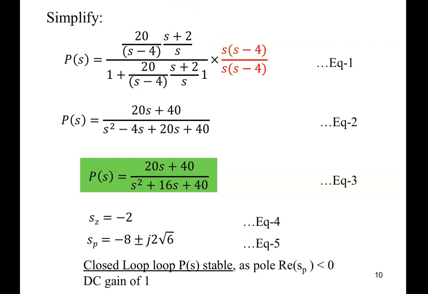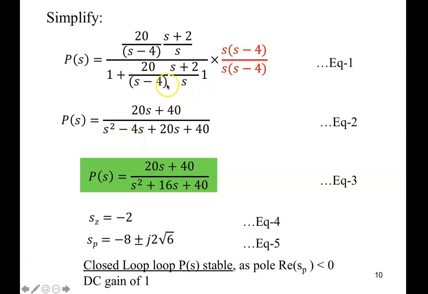On the top, this s cancels that s out, and this s minus 4 cancels that s minus 4 out. So on the top, the only thing I have left is 20 times s plus 2 in brackets. 20 times s equals 20s, 20 times 2 equals 40. At the bottom, I need to multiply this with 1 first. That will give me s squared minus 4s.